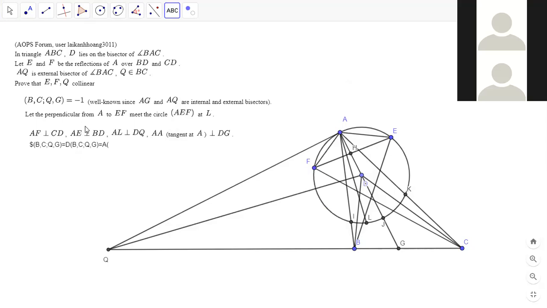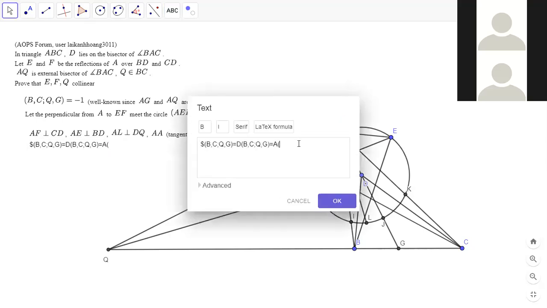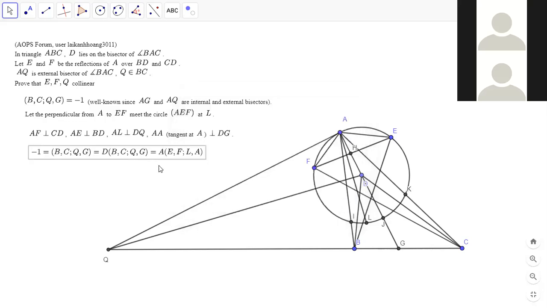So that would be EFLA. So I could write it like this. So that means that AFLE is harmonic.